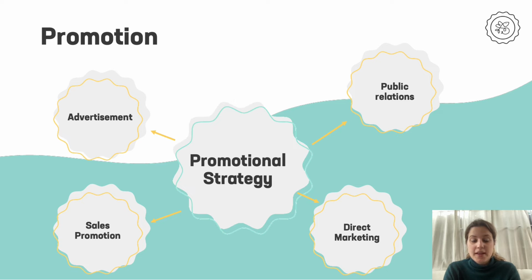Then we have sales promotion, which provide your target groups with incentives to acquire your product or service or to start interacting with it. We then move on to public relations. In order to build additional awareness, credibility, and understanding of the company, you can use public relations as a complementary communication channel with your target groups.